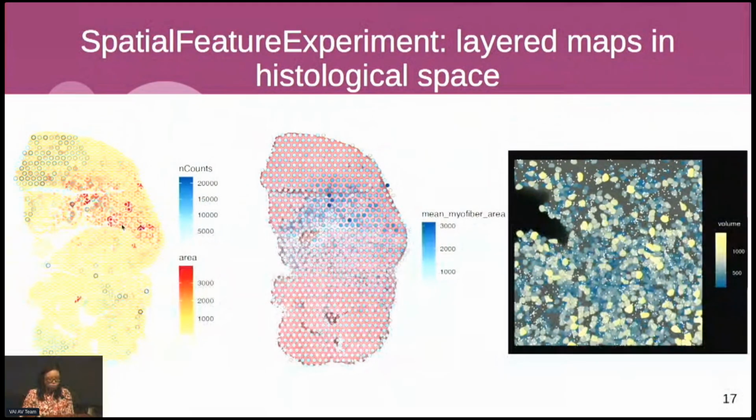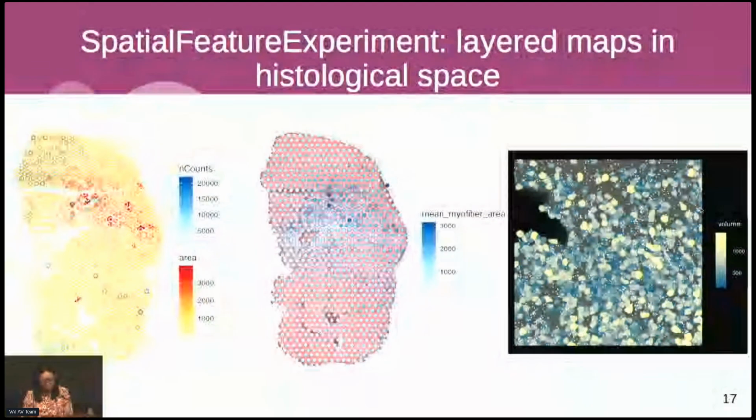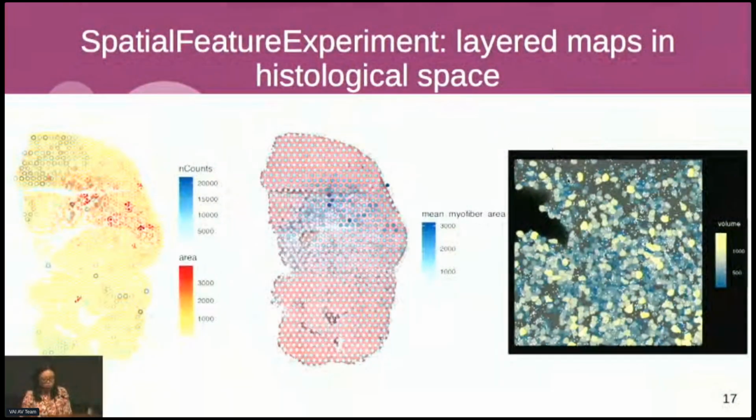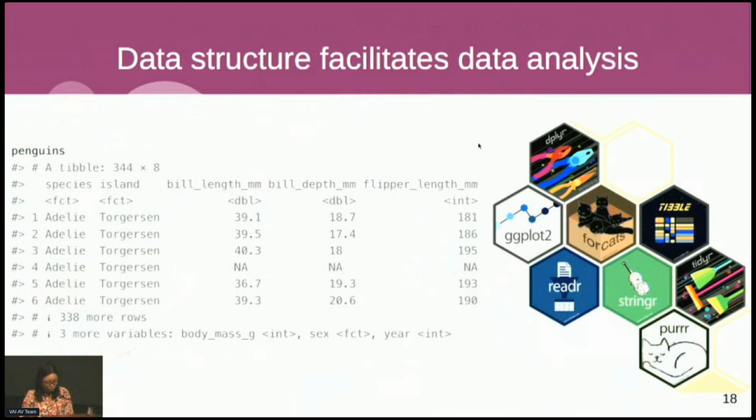Those geometries can have data like gene expression, or metadata like total count library size for the Visium spots, and morphological metrics like area and eccentricity for the myofibers. Another example is MERFISH, where the raster layer is the DAPI fluorescence image, and we can have vector layers for the cell segmentation polygons and for the transcript spots.